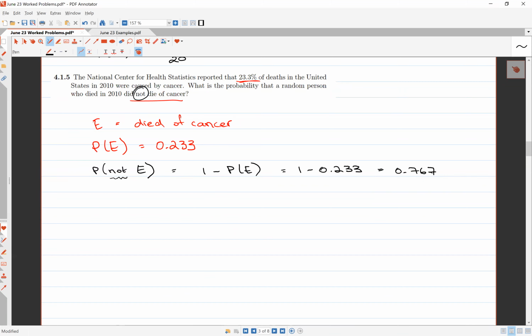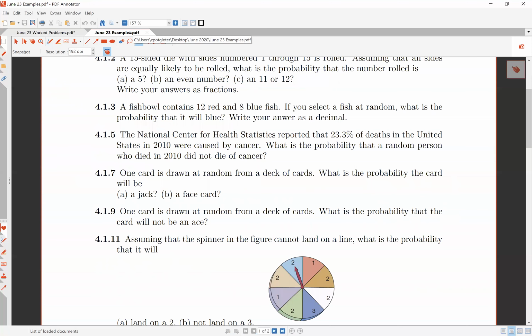We're interested in a proportion of deaths not attributed to cancer. And so you just apply the complement rule. Probability of not E is equal to 1 minus the probability of E. And we'll have a few more examples like this come up as we progress.